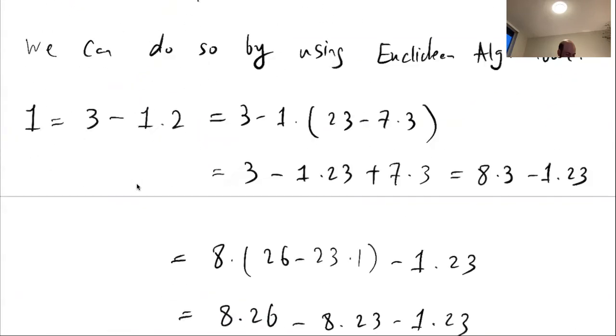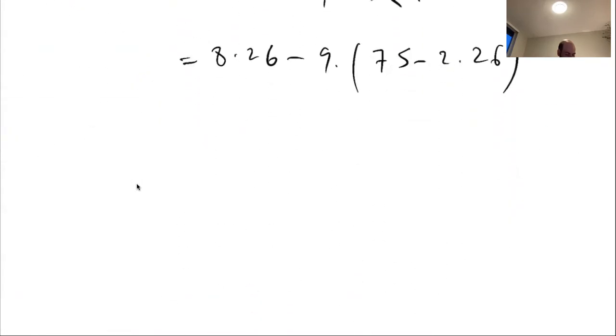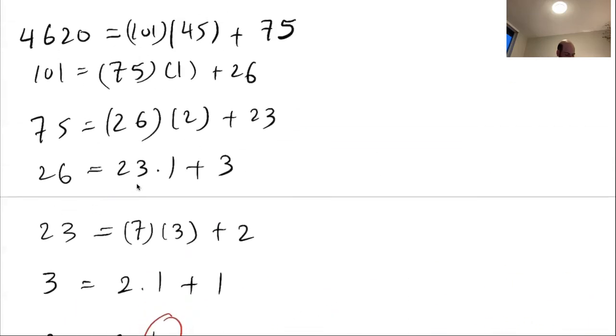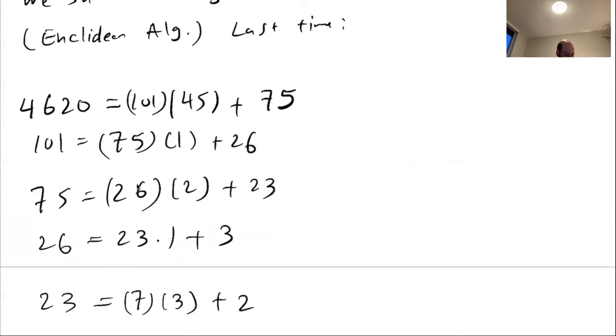2 times 26, yeah. So now if you simplify this, 8 times 26 minus 9 times 75 plus 18 times 26. Now 8 times 26 and 18 times 26 is 26 times 26 minus 9 times 75. And then 75. So we use this equation.